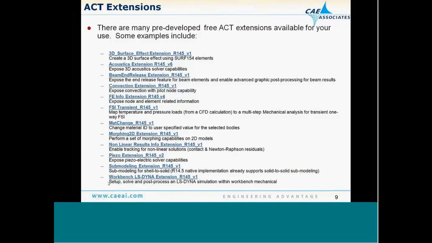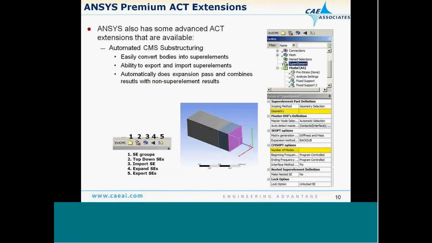It lets you set up, solve, and post-process the Elastine simulation, which is different than the Elastine export, which just writes out the .k file. This you can actually do some more things and read in the results in there. But there's some other ones, FE info, change materials, do some 2D morphing of nodes and submodeling. So there's a bunch of ones already up there, and hopefully they'll just continue to grow in the future as more people submit extensions to that.